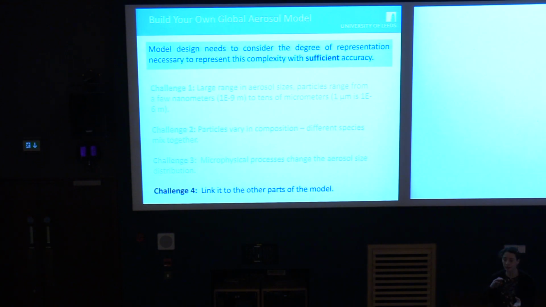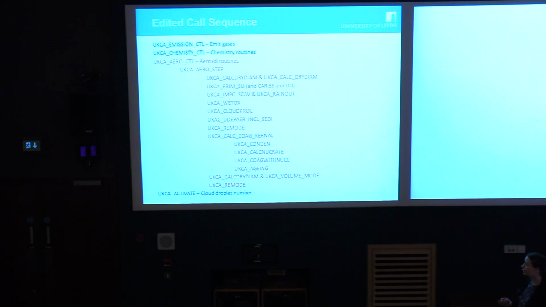You can see there's a lot of places where UKCA might interact with other bits of the model. I wanted to show this just so you have it for your handouts. I'm not going to go through it, but it gives an idea of the call sequence. You've got UKCA aero control, which is the main control for the aerosol routine, and then UKCA aero step, which is the basic aerosol microphysics steps.